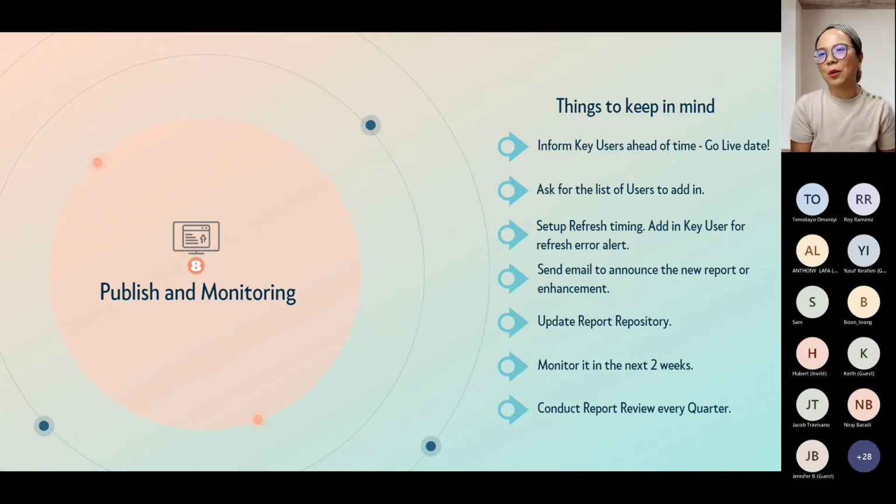Always conduct a report review with the users, just to make sure that the reports are being used. Or you can also monitor it yourself and send an email to the users indicating, hey, we've been seeing that this report is not being used. Is it still relevant? Are we supposed to delete it, or something like that?